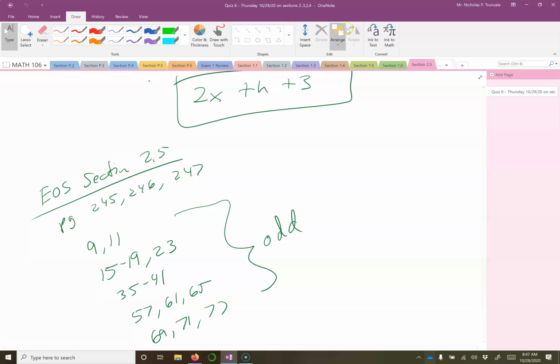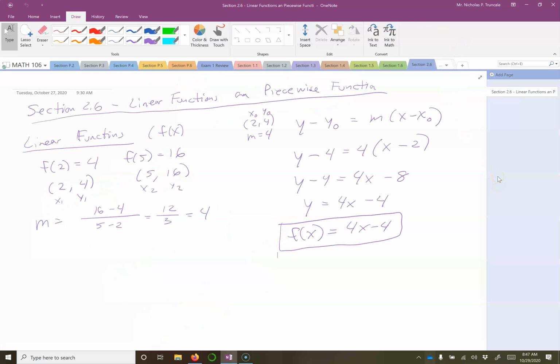All right, so we had briefly started section 2.6. And I think 2.6 is called a library of functions.